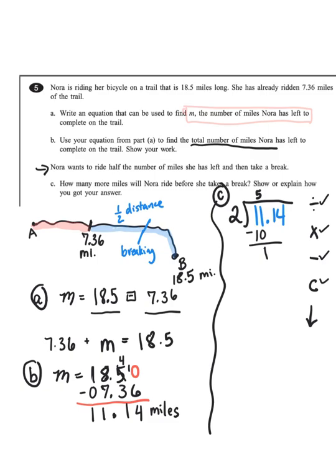Bring down the 1. 2 goes into 11 5 times. 5 times 2 is 10. Okay. 11 minus 10 is 1. 1 is less than 2. Bring down my 4. And then 2 goes into 14 7 times. 7 times 2 is 14, so I have no remainder.